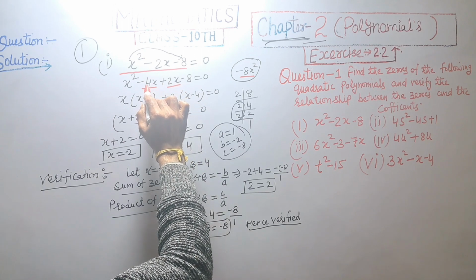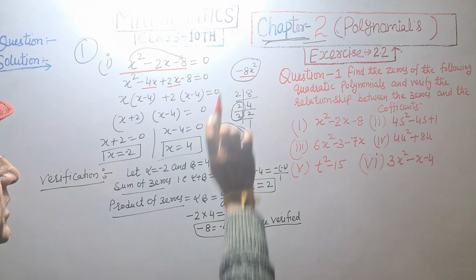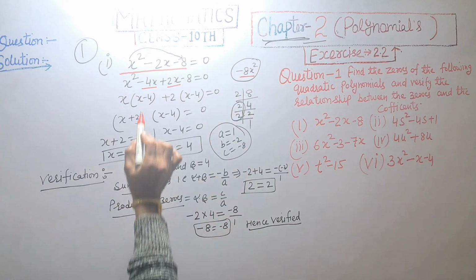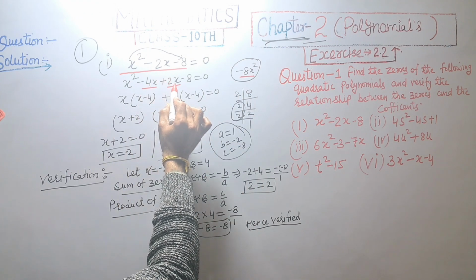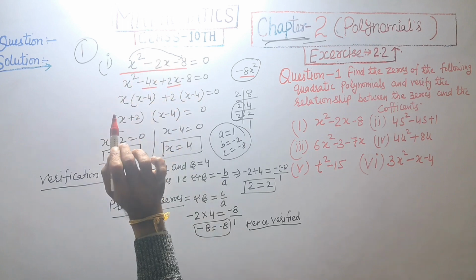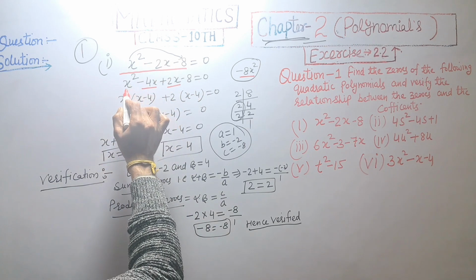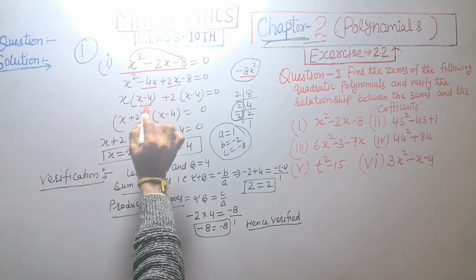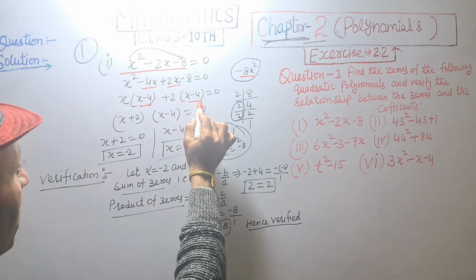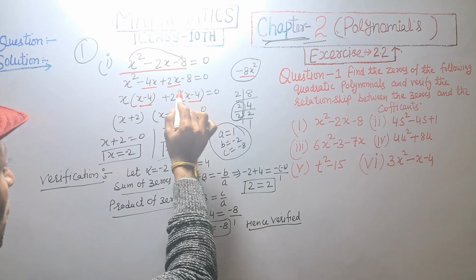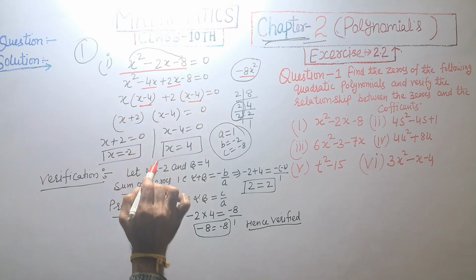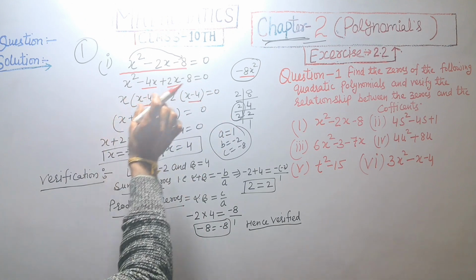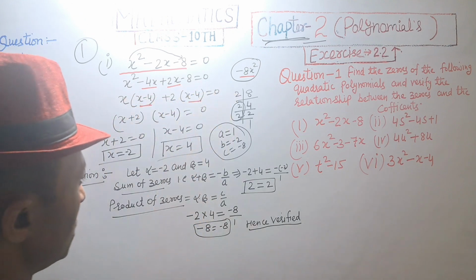Product of minus 4x and 2x is equal to minus 8x square, and minus 4x plus 2x is equal to minus 2x. Taking x common, x minus 4 in bracket, and 2 taking common, is equal to 0. x plus 2 one time, x minus 4 one time equal to 0.